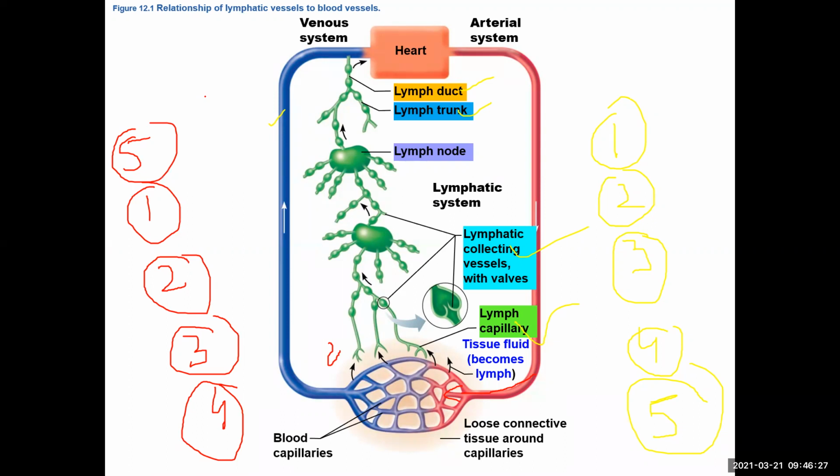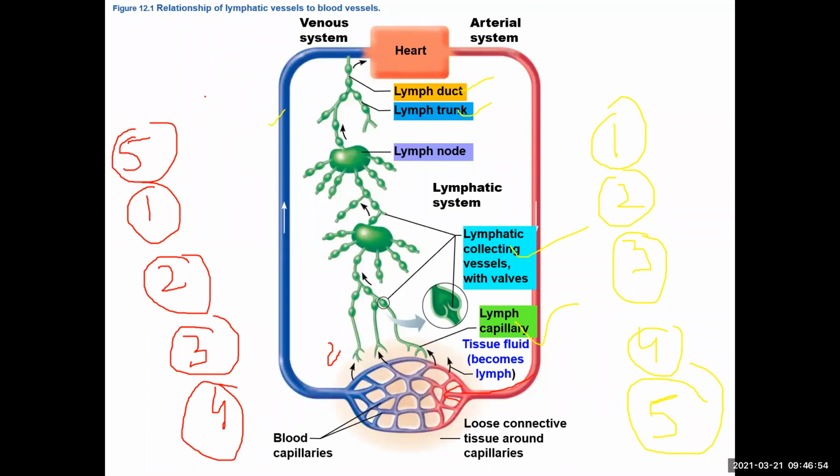And not only capillaries, we have valves in the lymphatic vessels as well. So veins also have valves, and lymphatic capillaries and vessels also have valves. Lymphatic vessels are at low pressure, and veins are also at low pressure. Veins have less smooth muscle and thinner walls; lymphatic vessels also have less smooth muscle and thinner walls.